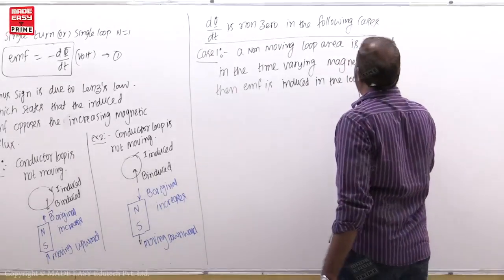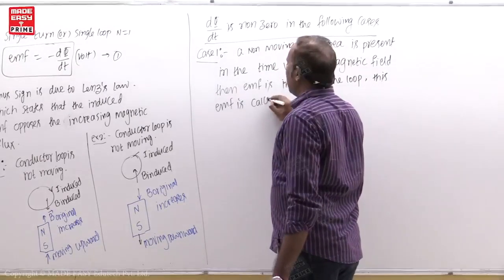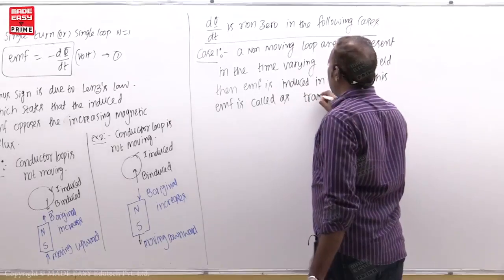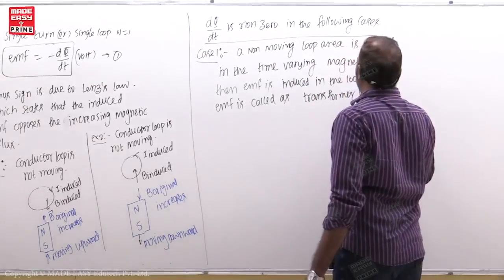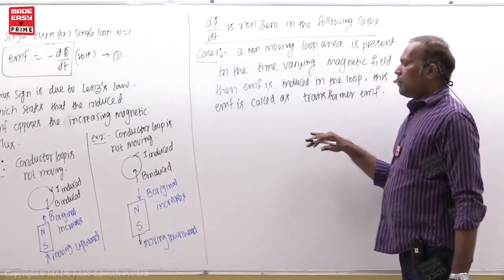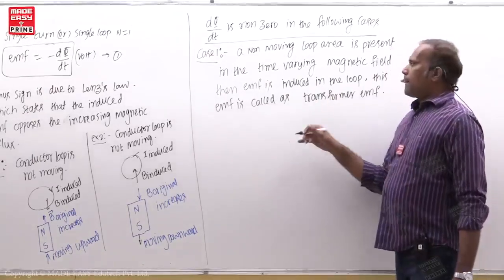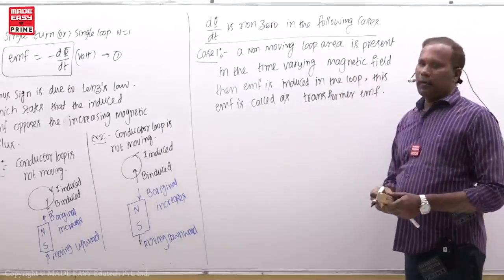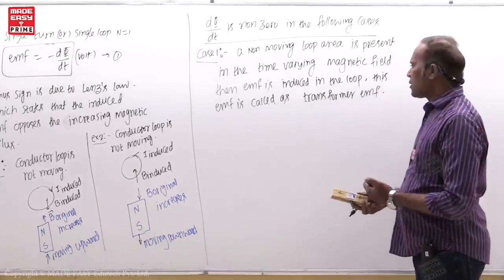This EMF is called the transformer EMF. Here energy is transformed from the time varying field to the loop, actually a non-moving loop. So energy is transformed here. That is why it is called transformer EMF.